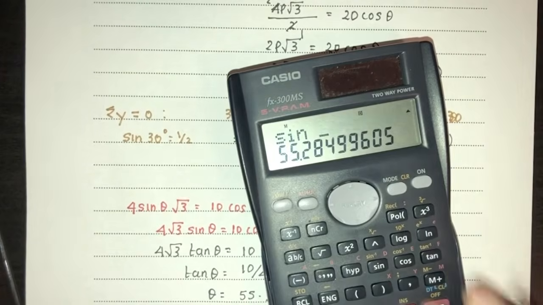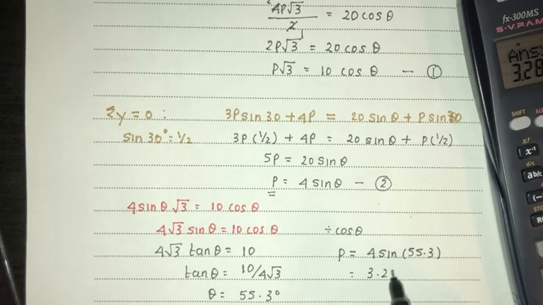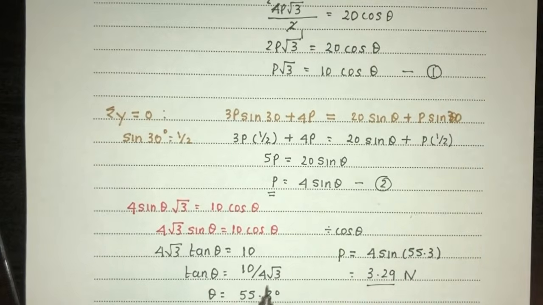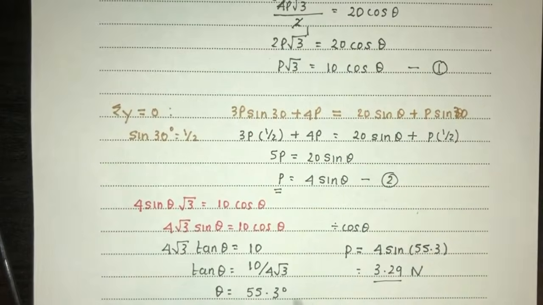So we have sine of the answer times 4. That will be 3.29 Newton, correct to 3SF. Now, how do you know this value is correct? Because you can see the value here is an acute angle, so the value of theta has to be less than 90. So theta is this, p will be this value.